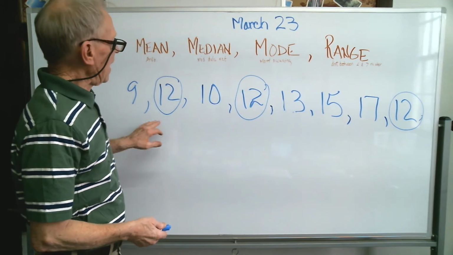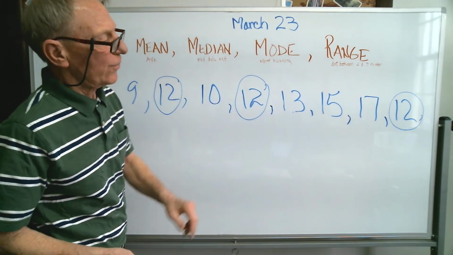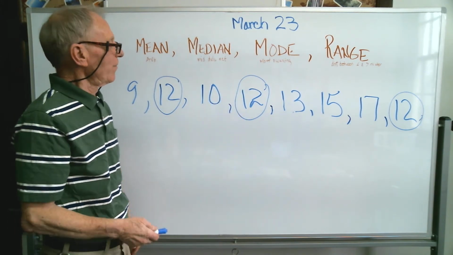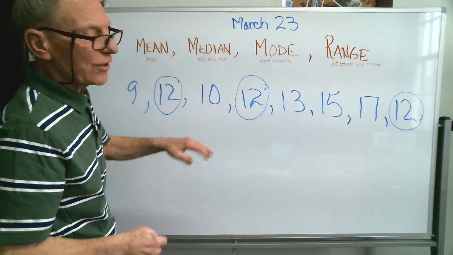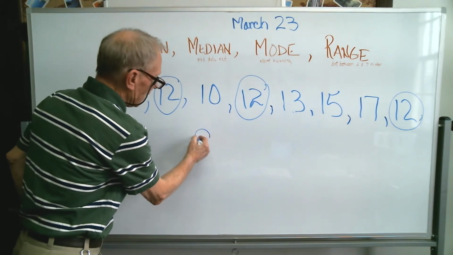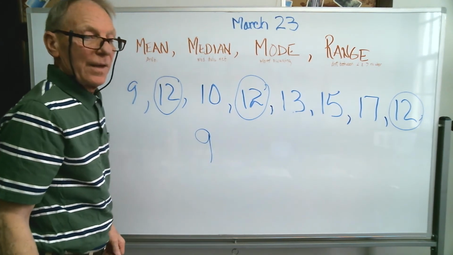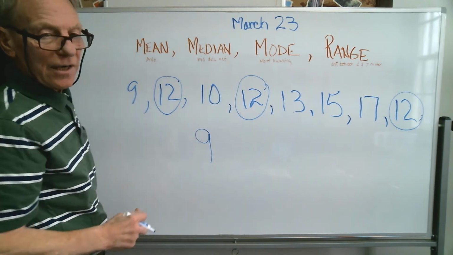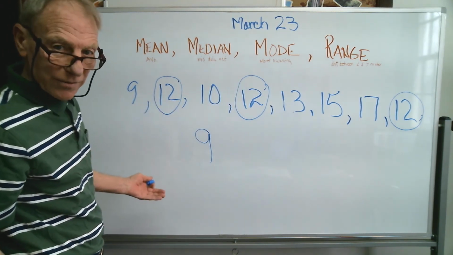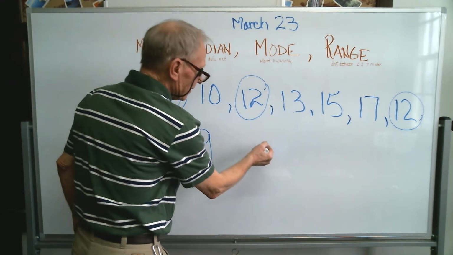If you look at 9 through our last number 12 there, you look at this whole set of numbers. You want to find which is the lowest number, and the least amount is 9. Then you want to look down your set of numbers and determine what the highest number is. The highest number is 17.